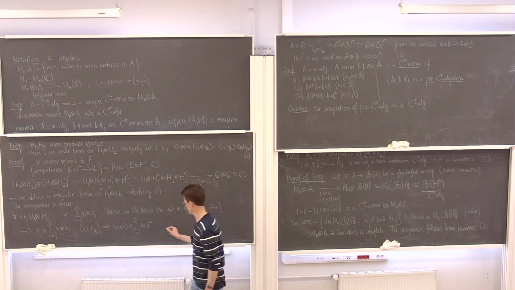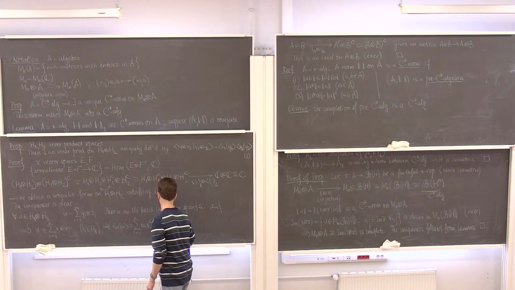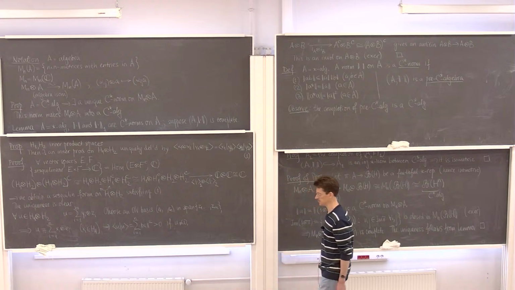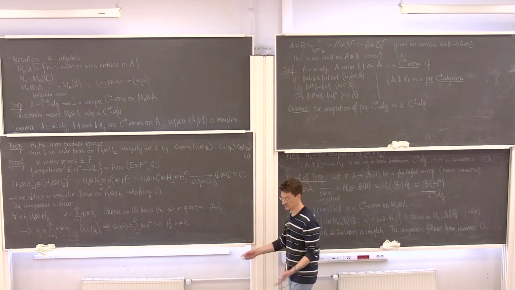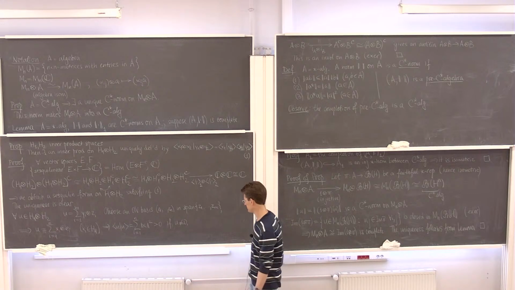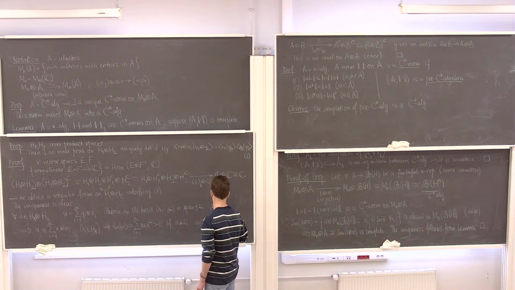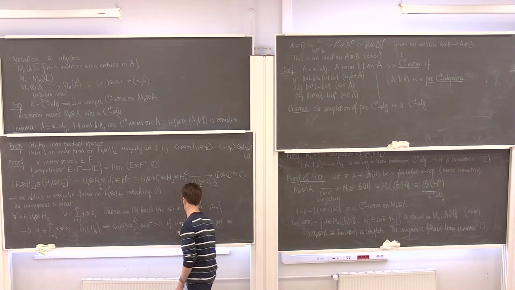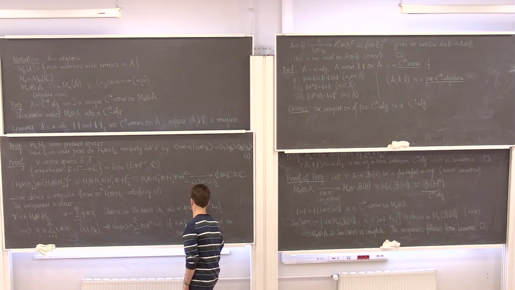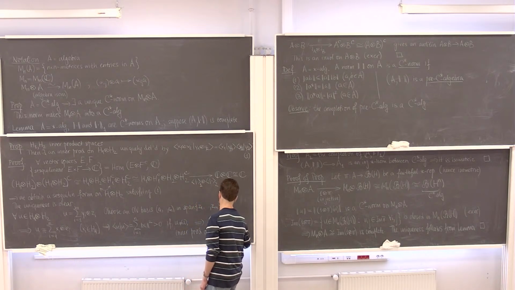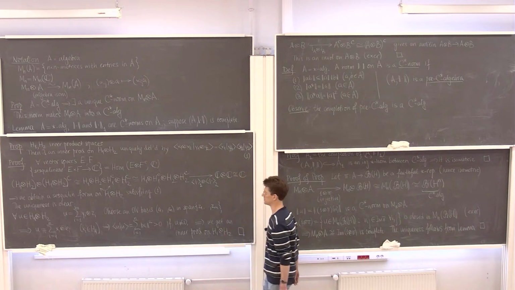And this is clearly strictly positive if u is non-zero. So as a result, we see that our inner product is positive definite. So this is indeed an inner product. So we get an inner product on H1 tensor H2, and this completes the proof.